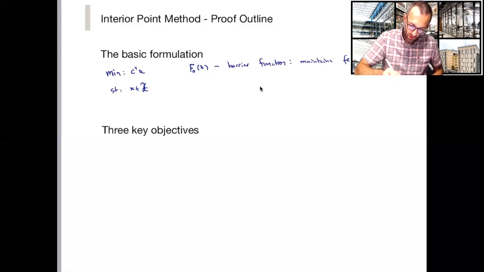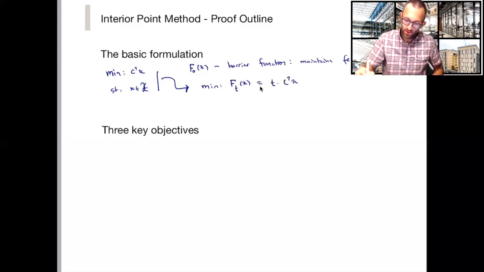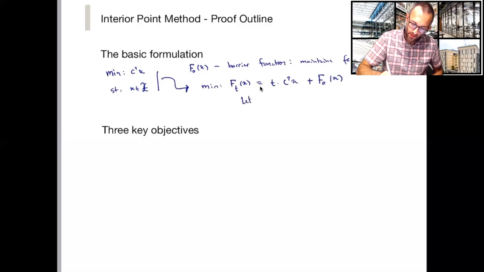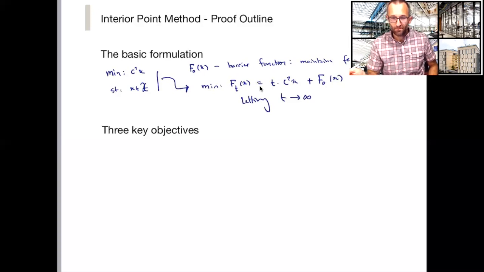And so what we're doing is replacing this with a penalized version, minimize ft of x, which is equal to t times the original objective, c transpose x, plus f0 of x, and then we're letting t go to infinity. And we mentioned that there are three main objectives that we need to verify, that map out this agenda.